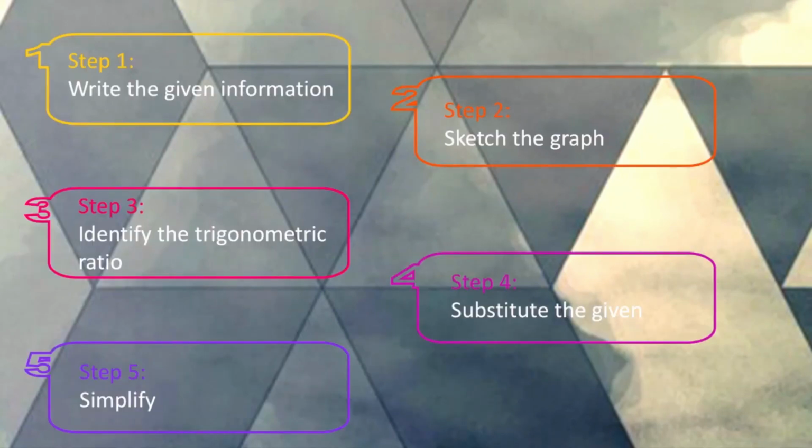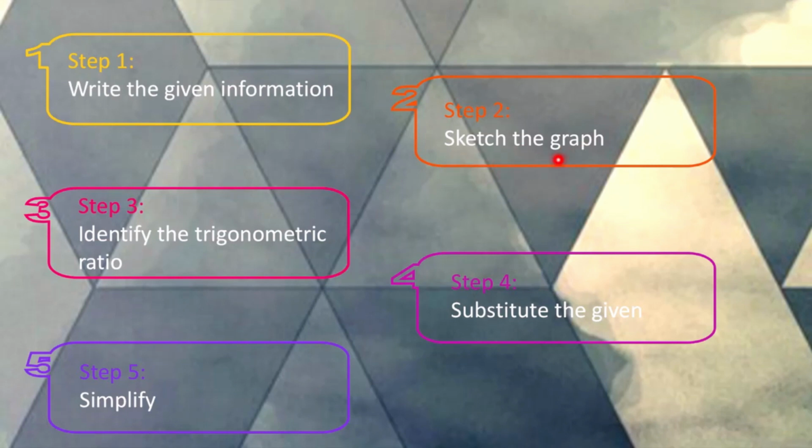Ito pong 5 steps na to ang ginagamit ko sa pag-solve ng word problem involving angle of elevation and angle of depression. First step, write the given information. Second, sketch the graph or illustrate yung kung ano po yung nasa problem natin.